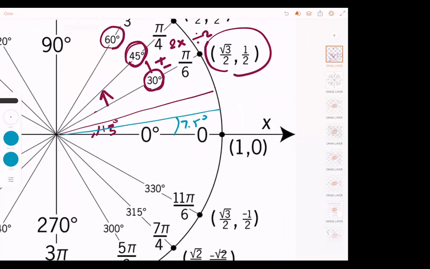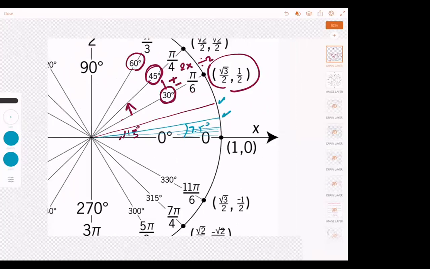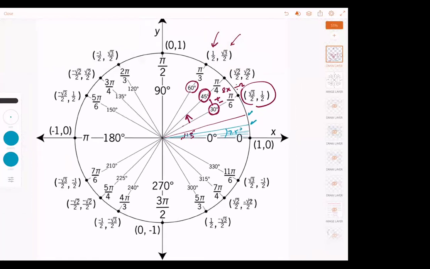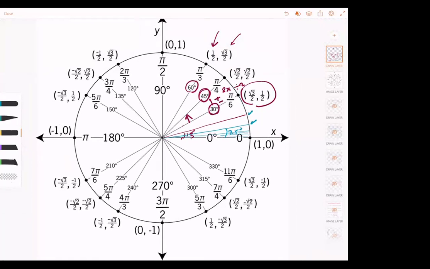When we have 7.5, we can halve that one to 3.75. So we can keep halving them to find all of their exact values. So this is the story of this course. I make this as a sun for you guys.